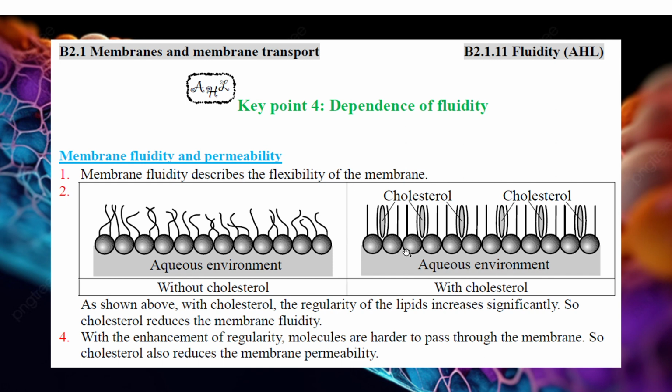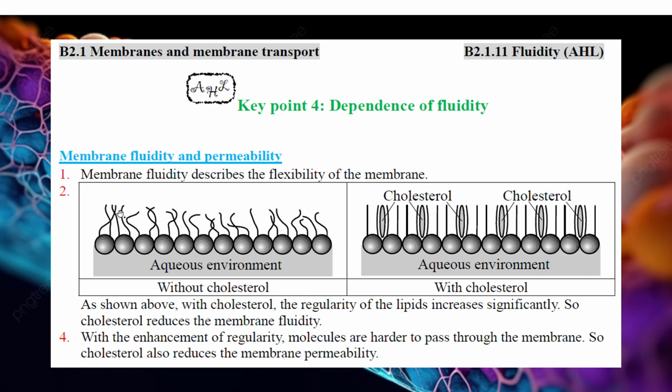So, depending on the fluidity, we said the two fatty acid chains can change. Before, here you only have the chain, which should be very irregular, with high fluidity and easy permeability. Fluidity is too high.